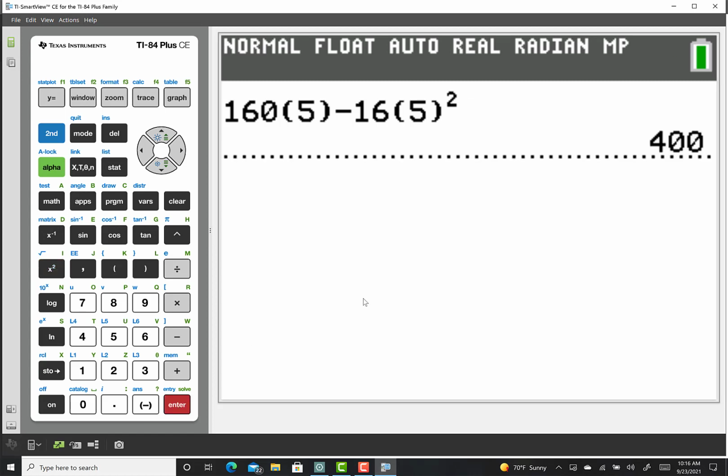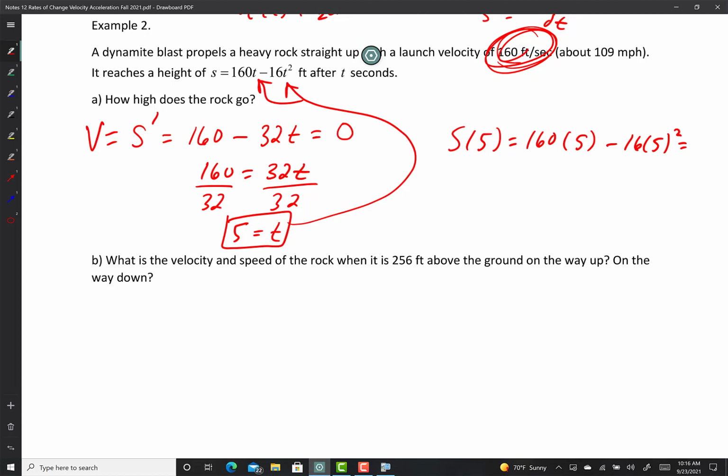Enter. And I get 400. And I need units. 400 what? Feet. Usually you want to answer the question with a sentence. So when it says how high does the rock go, you want to say the rock goes 400 feet high. But there it is. I think that's good enough. Even if you were to not write a statement, I think you would get credit for this.